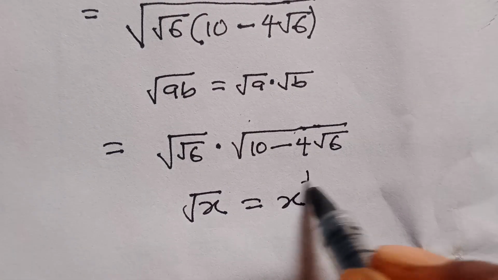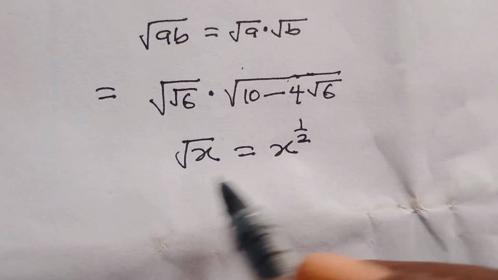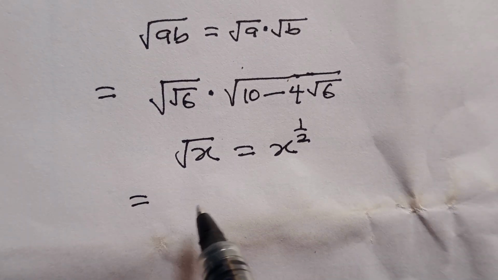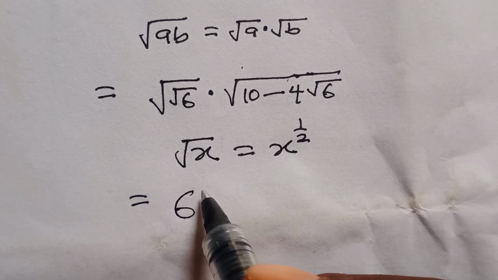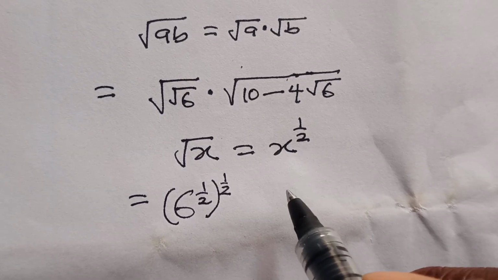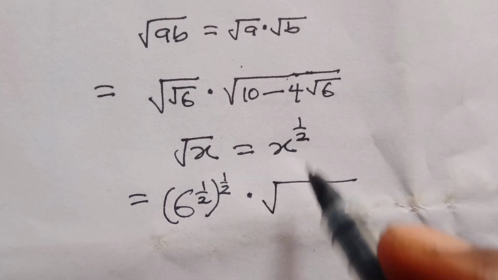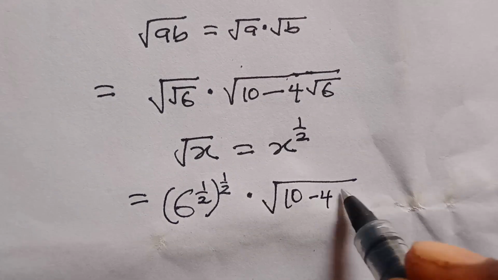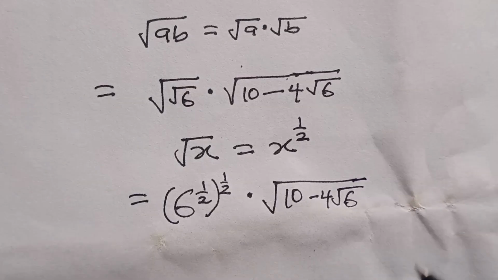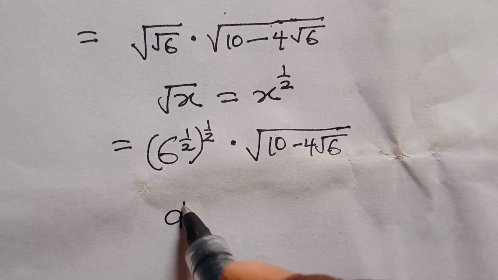Don't forget, if you have square root of x, you can take that square root and change it to a power. Therefore, we have x raised to power 1 over 2. So we have square root of 6, and this has been changed to 6 raised to power 1 over 2, everything to the power 1 over 2, multiplied by square root of 10 minus 4 square root of 6.